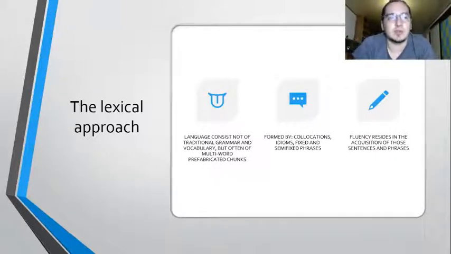In some scenarios, we have idioms, collocations, and fixed semi-phrases that we use in order to develop our language.